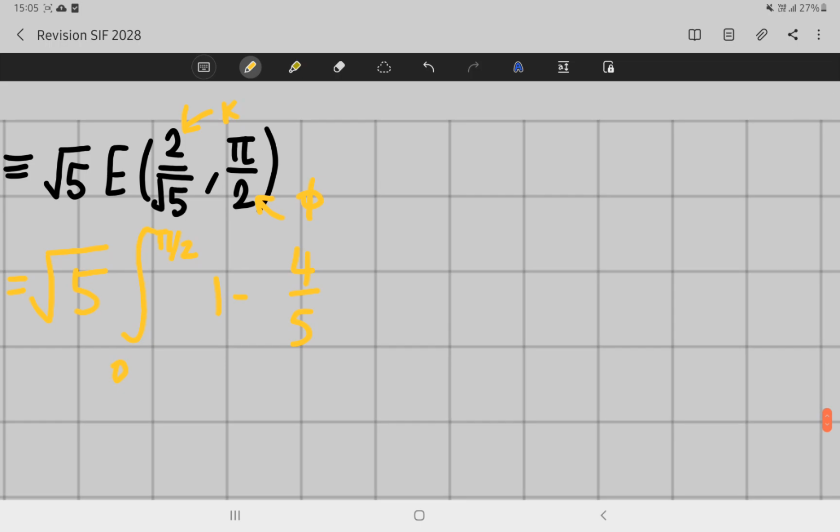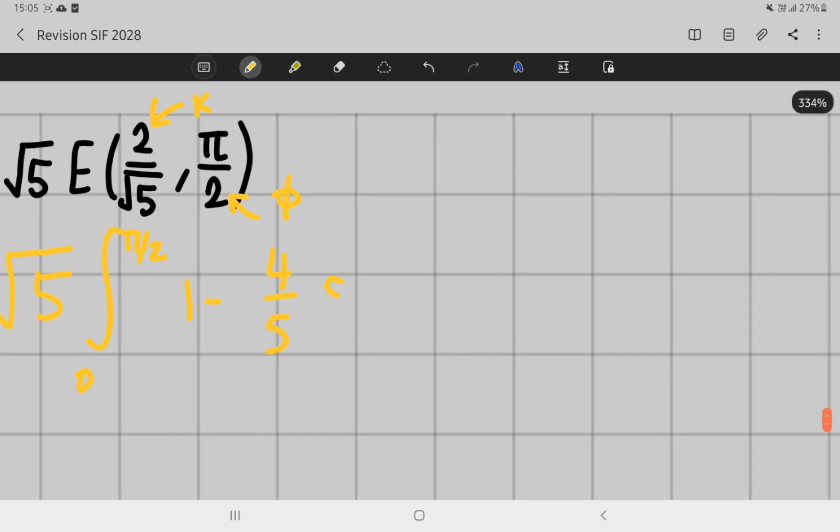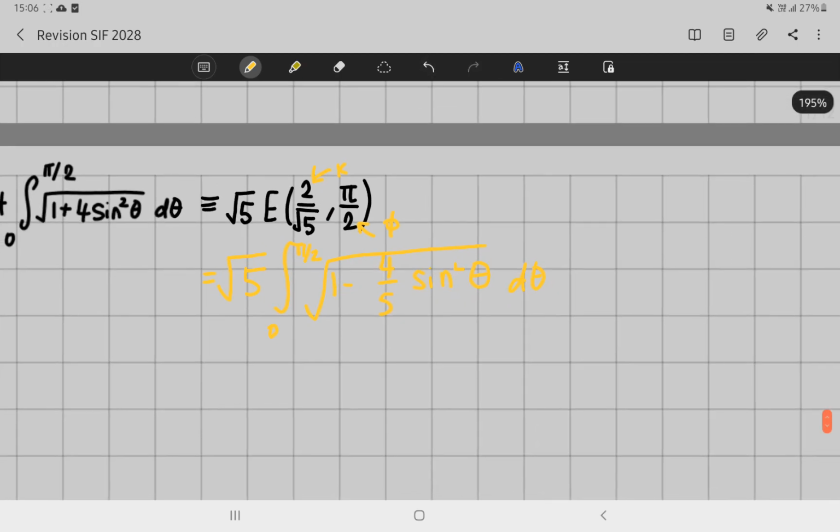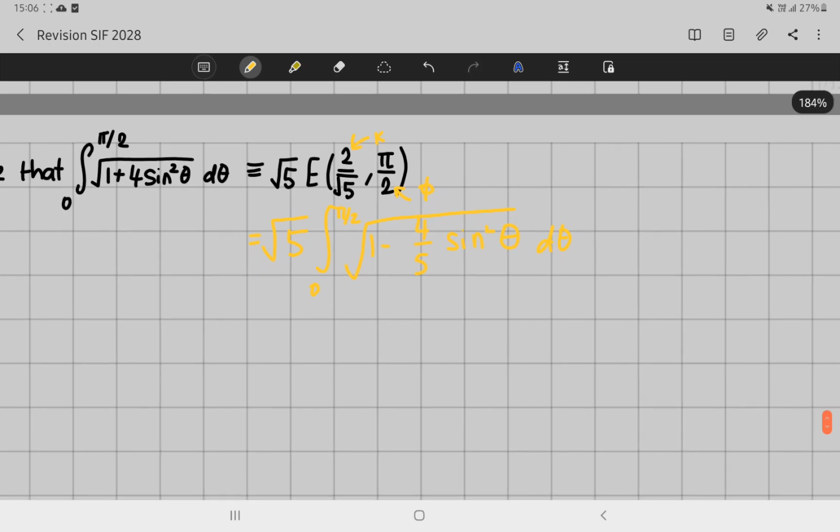So k square is 4 over 5. Our left hand side has plus 4 sine square theta, and this has minus 4 over 5 sine square theta with the additional square root of 5 outside.